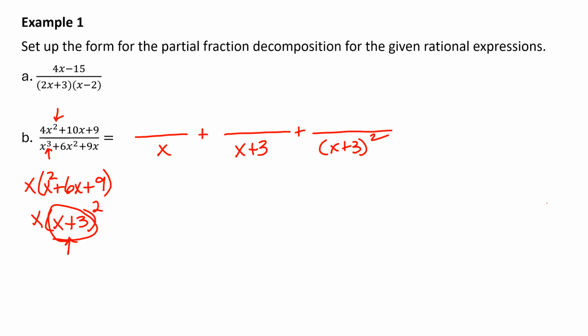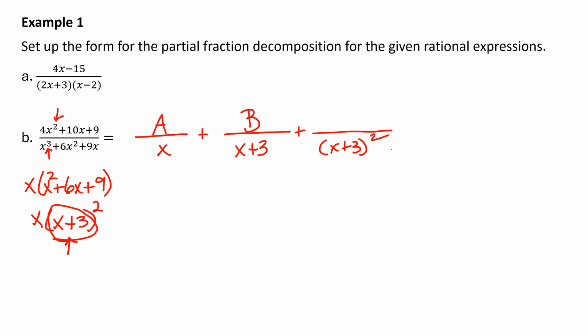Okay, so now according to that table, we need to write the numerators as 1 degree less than the denominators. If the denominator is linear, like the first two fractions, then you will use a constant. So for the first one, I'm going to put A, second one, B. And then for the third one, it seems like I would want the numerator to be linear because the denominator is quadratic.